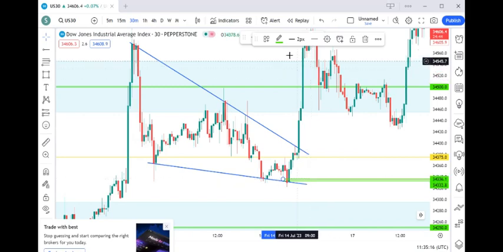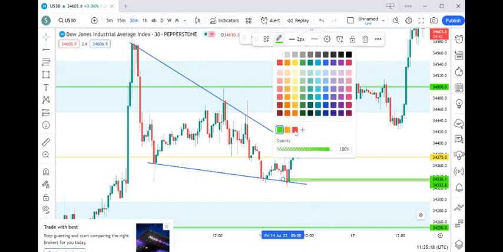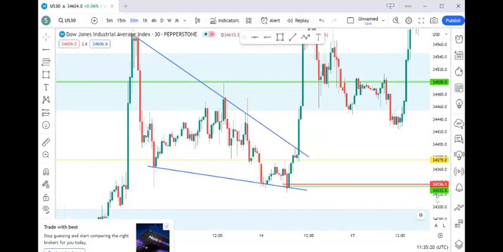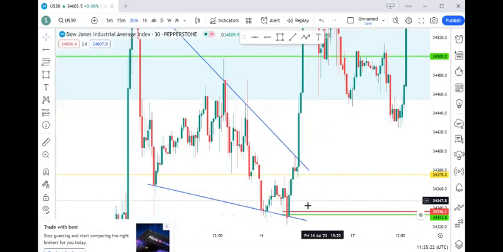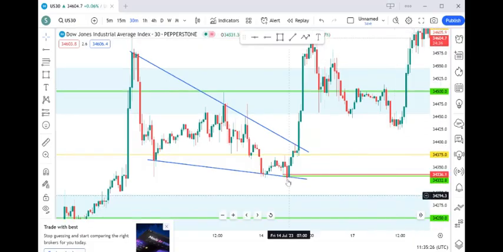Let me just change this color. Okay, so green is our entry, red is our stop loss. Stops in profit, our account is safe. Our funding is safe now. Stops is at entry. How do we take profit? We're in a buy pattern.